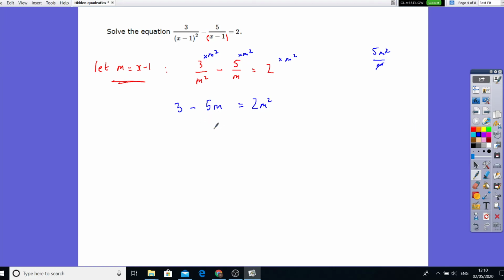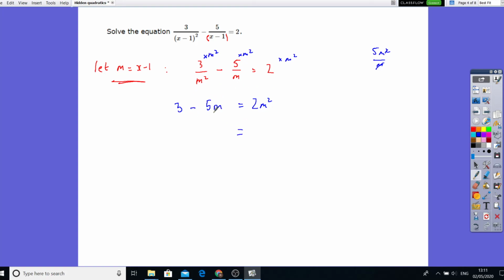Now I'm hoping you're all looking at this and thinking, oh, that's straightforward, now I can do that. So I'm going to bring everything to one side, so that's going to give me 2m squared. I'm just going to keep this here. I'm going to take this to the other side.